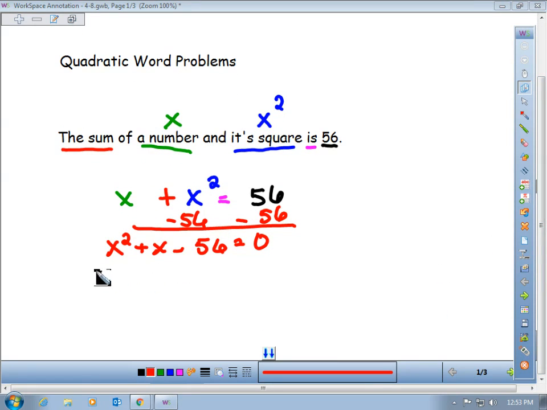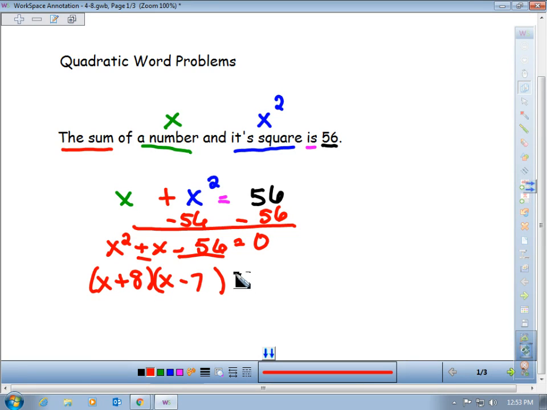And then I'm going to factor like we've done the last few days. Okay, x and x. Two things multiplied to be negative 56: I think that's a positive 8 and then negative 7. Then I'm going to take both of these and set them equal to 0.